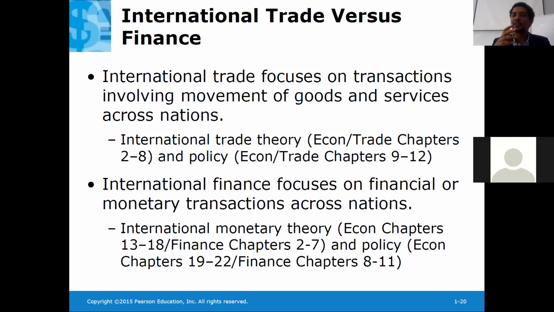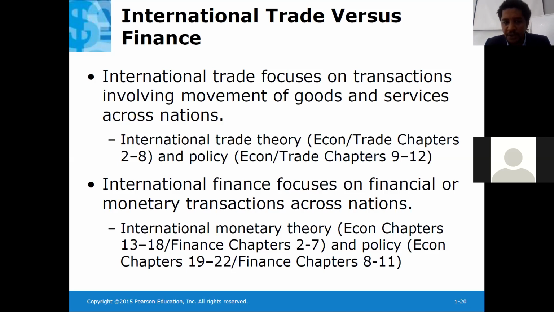So international trade is different from domestic trade because the movement of goods and services is across nations, while in domestic trade it is within the nation, right? And international finance is a monetary transaction across nations, while a domestic financial transaction is a monetary transaction within a single nation.